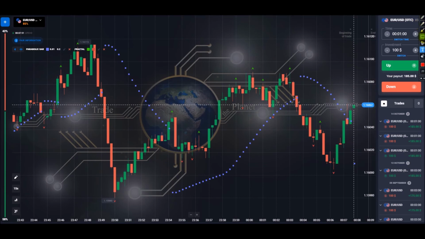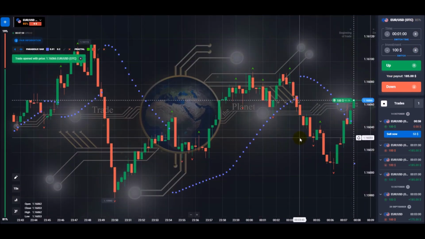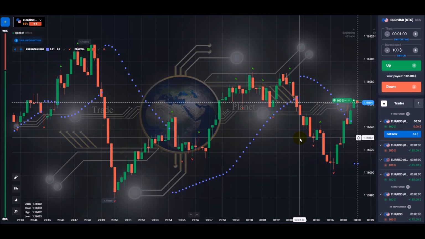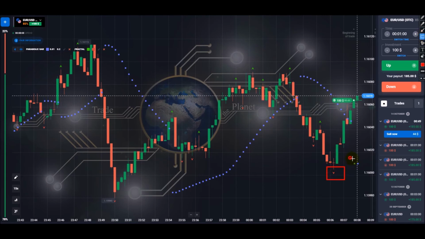I hesitated briefly because of the green fractal. The fractal is repainted, but I still went into the trade. I'll highlight for you again why I'm getting into the trade while we wait for the result.